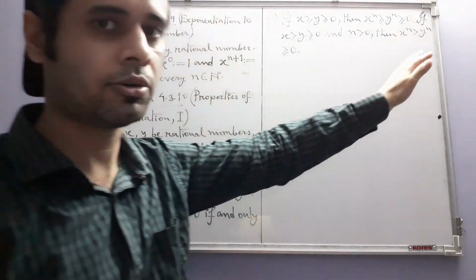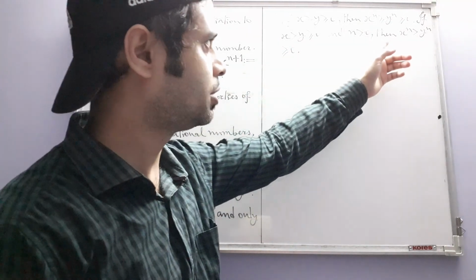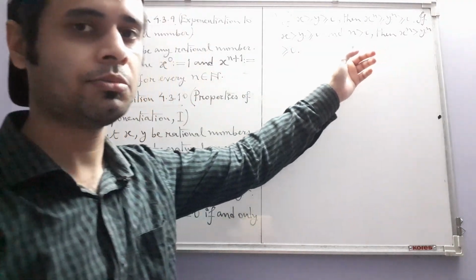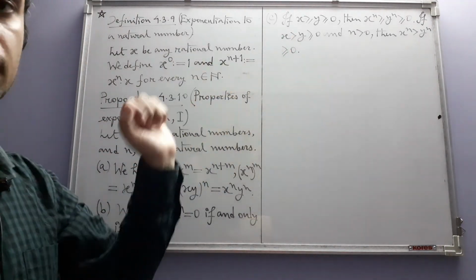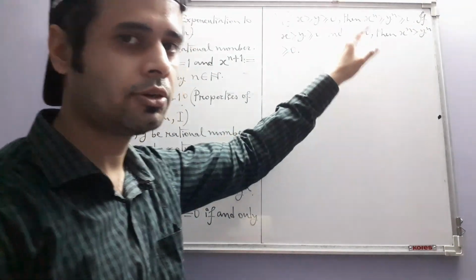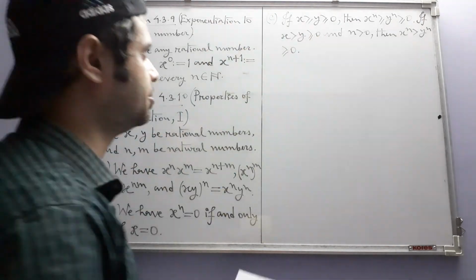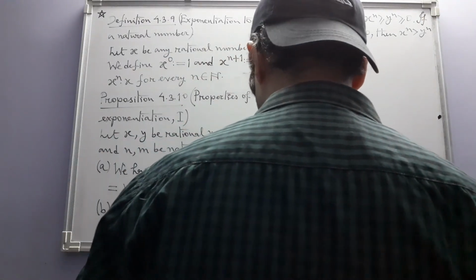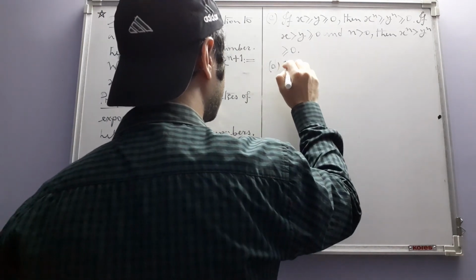So in that case you don't have strict inequality, you have equality in fact. So to prevent that from happening, we assume n is greater than 0, and keep in mind n is a natural number, so n cannot be less than 0. So if n is not equal to 0, it has to be greater than 0. So in this case we have strict inequality. And finally, part D is this.